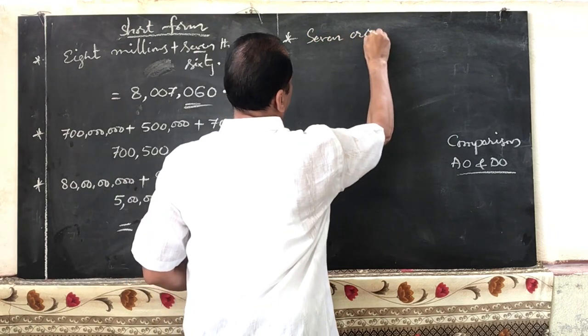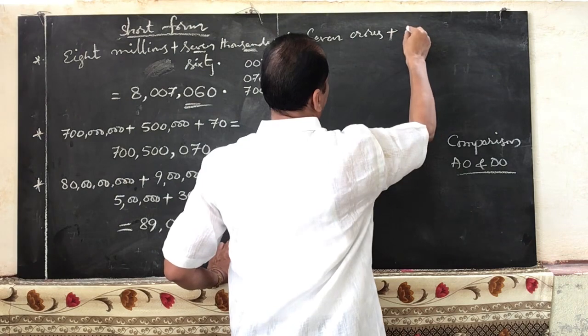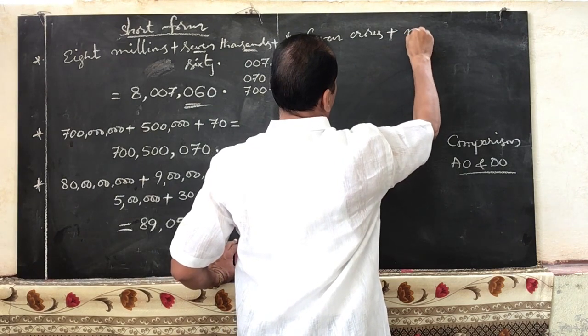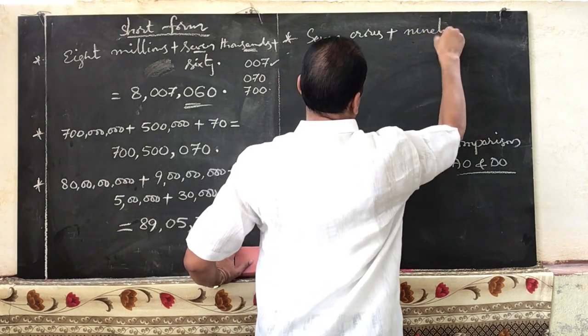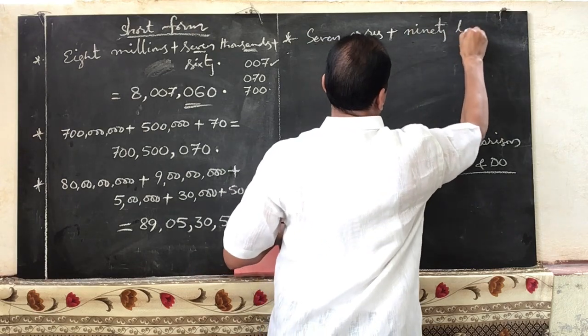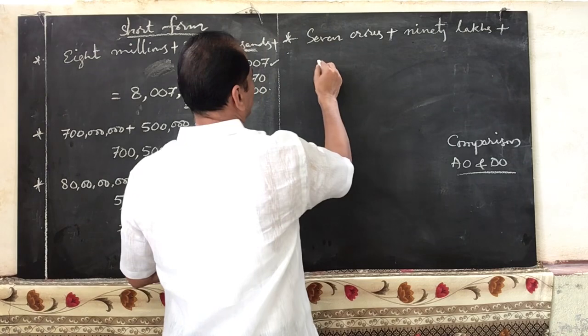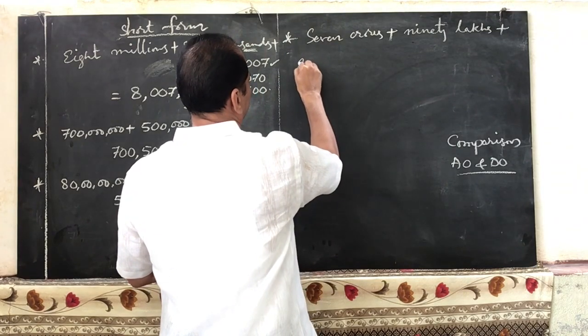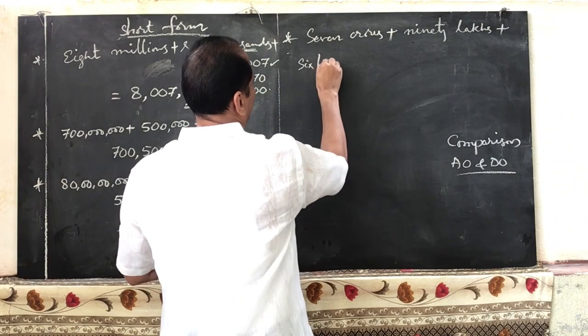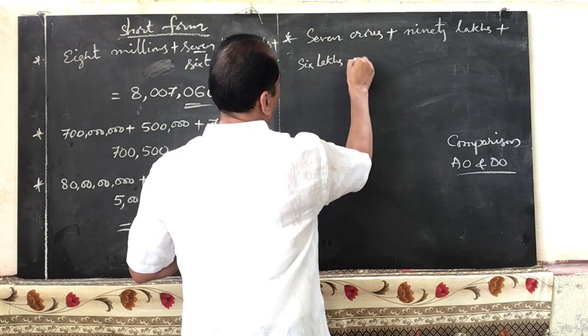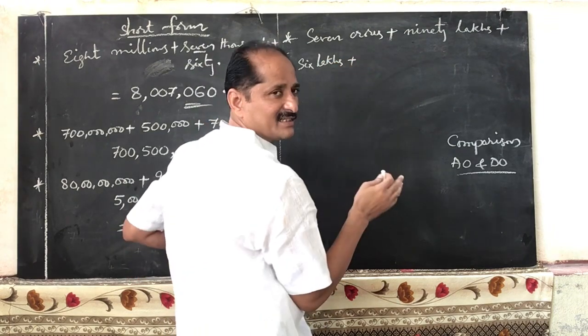Seven crores plus 90 lakhs plus 6 lakhs plus, next not the lakhs, thousands.